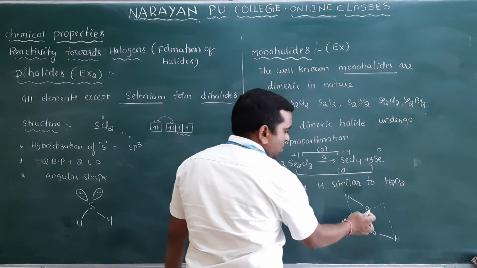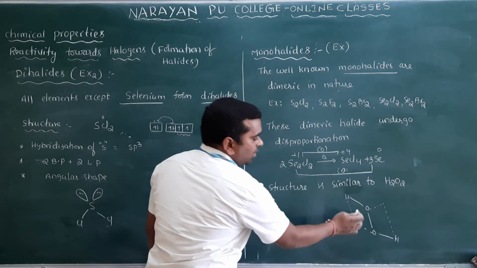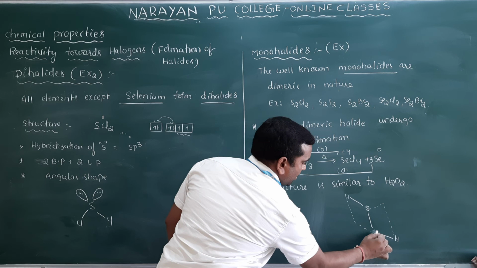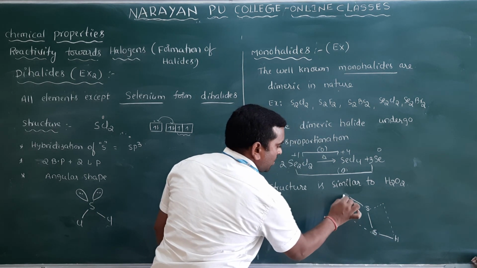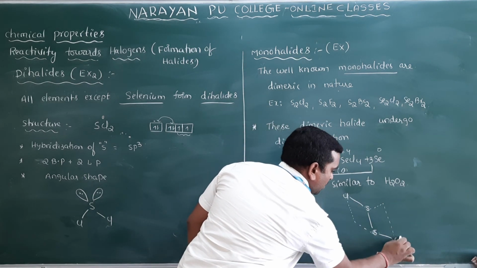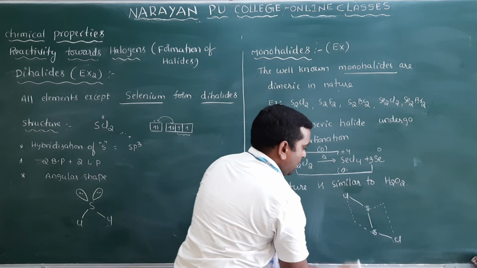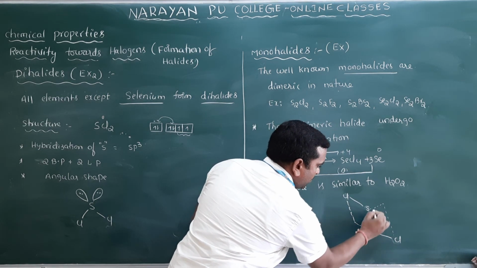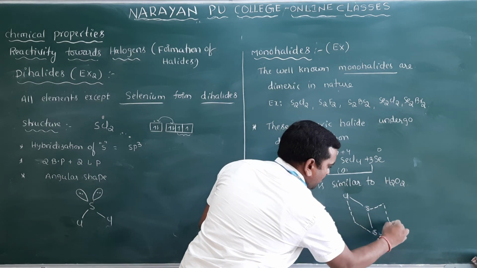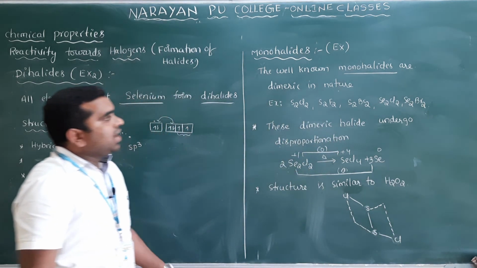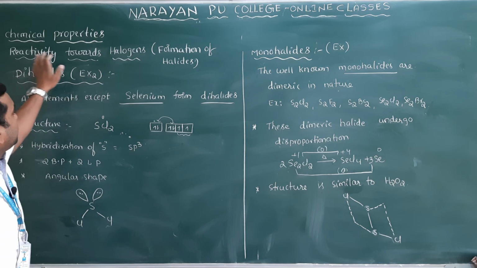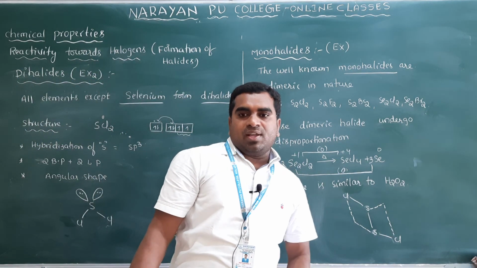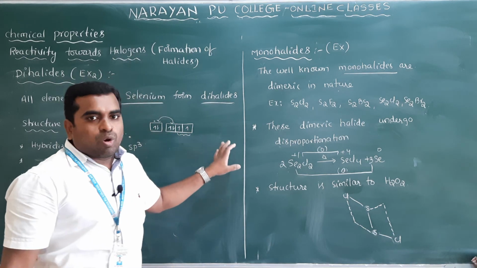Instead of oxygen, you have to write sulfur, chlorine, and chlorine. It is like an open book structure. So this is about the reactivity towards the halides. Clear? So now we have completed the chemical properties also.